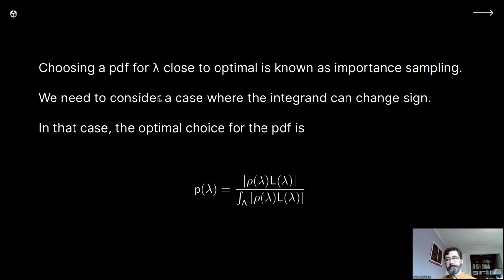However, in our particular situation, we need to consider a case where the integrand can change sign. And that's a little bit surprising, considering the quantities that we are integrating.